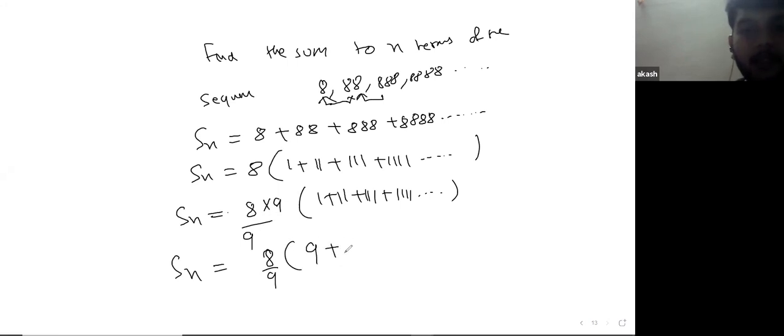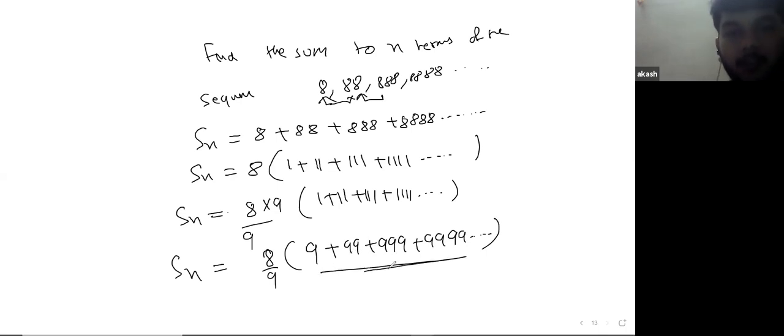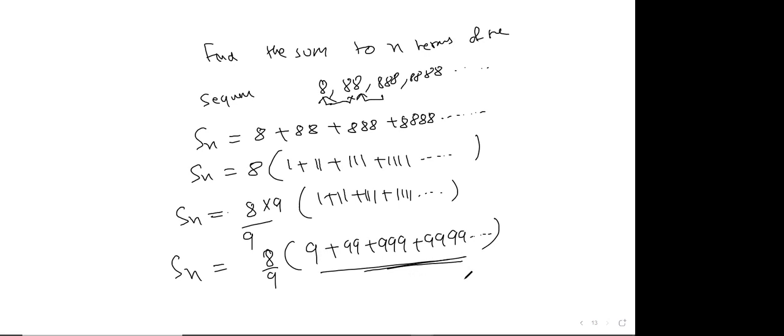So this is 9 plus 99 plus 999 plus 9999. You need to focus on getting this in the bracket. Once you have this, the process is the same for all the questions. Are we clear till this step? Any doubts?